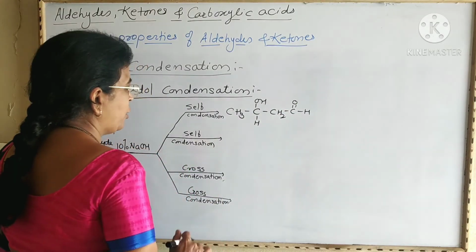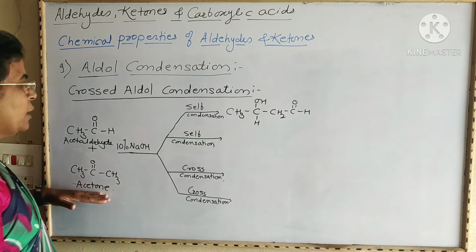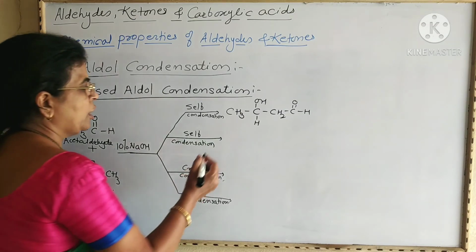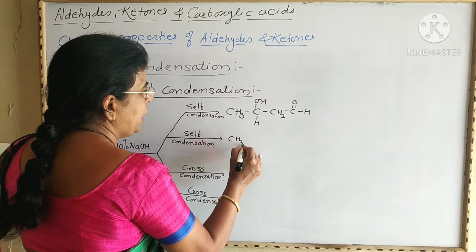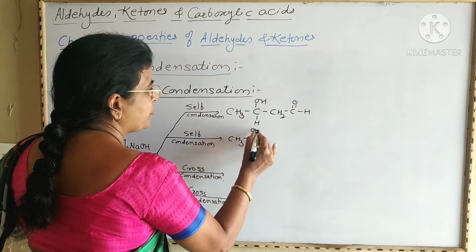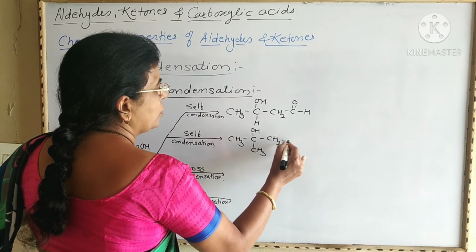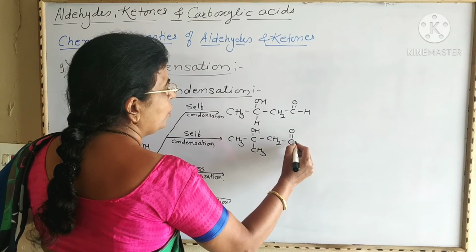This is the first aldol formed. Now the ketone, acetone, reacts with a second molecule of acetone, that is, it undergoes self-condensation, and you will get CH3C(CH3)(OH)CH2C(=O)CH3.